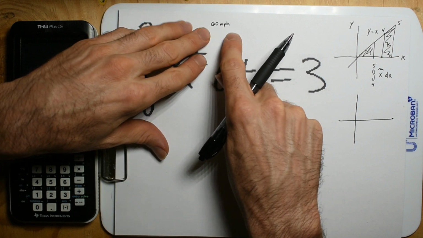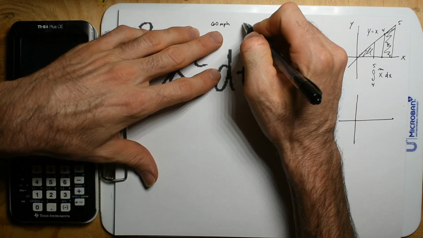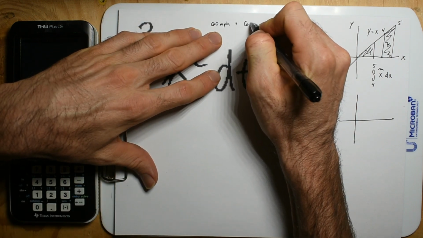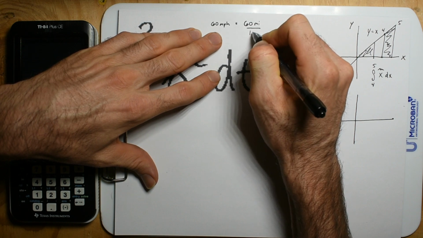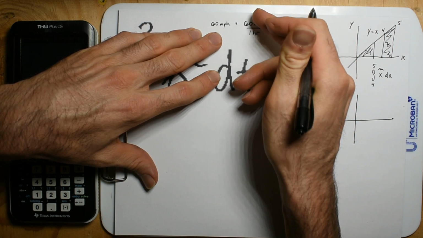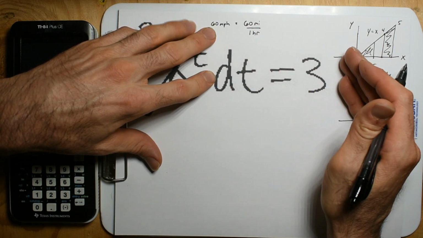Why do you know that so easily? Hey, I'm going 60 miles per hour. Even 60 miles per hour, it's two different things going on here. You have 60 miles, and then you have 1 hour. You literally have two different numbers and two different units, but we still understand what's going on.